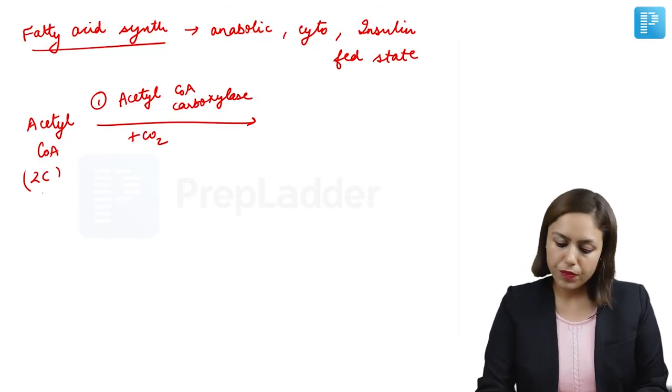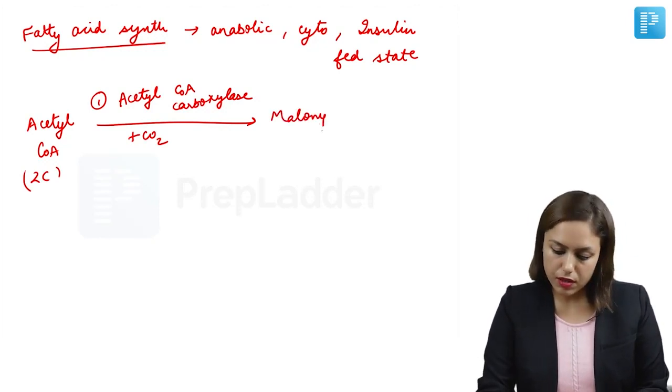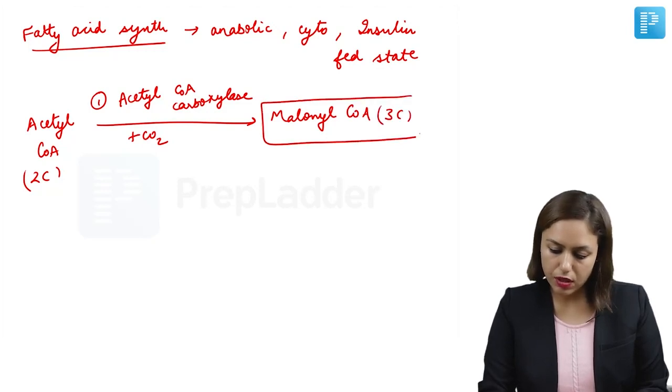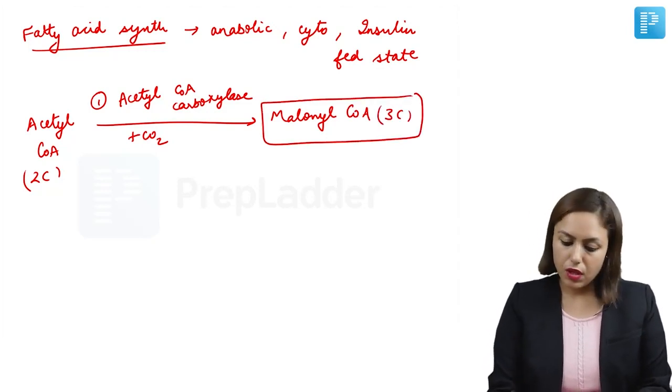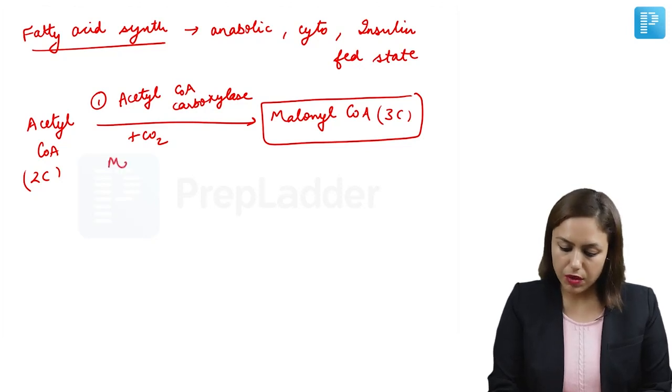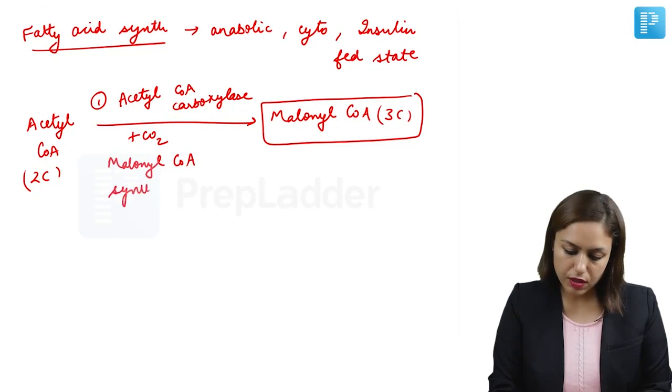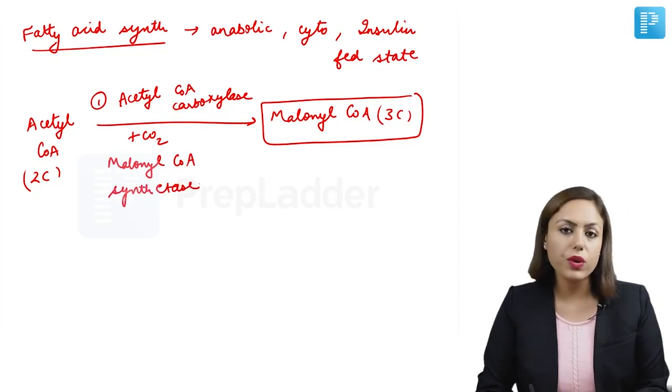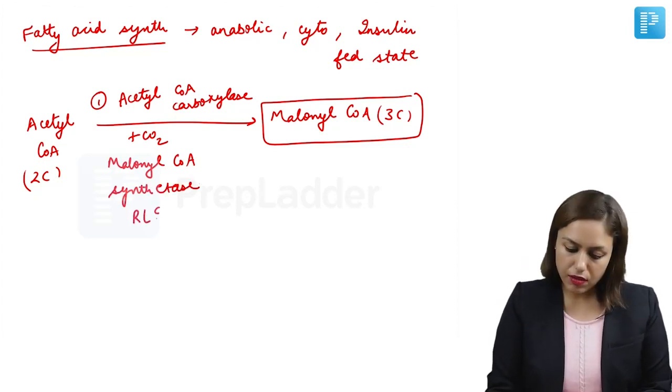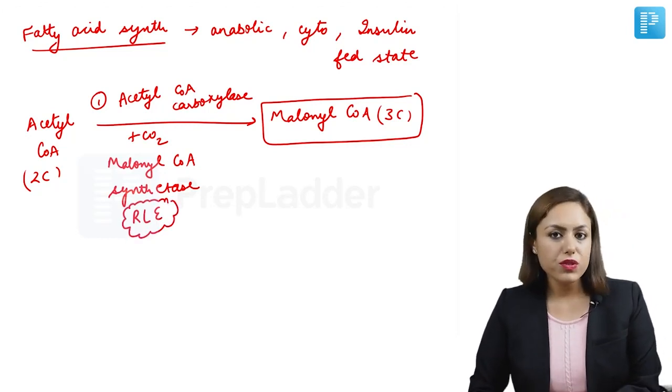Acetyl-CoA is 2 carbon. So what we get is malonyl-CoA. Malonyl-CoA is 3 carbon, right? Now this enzyme is also called malonyl-CoA synthetase, and this is the rate limiting enzyme of this pathway, right? So this was the first enzyme, acetyl-CoA carboxylase.